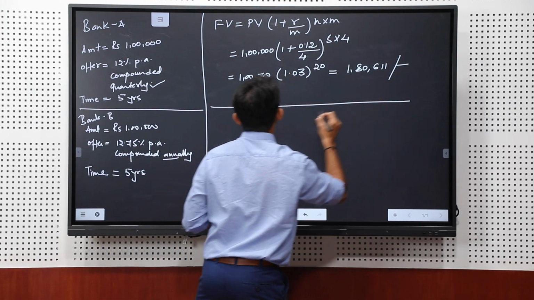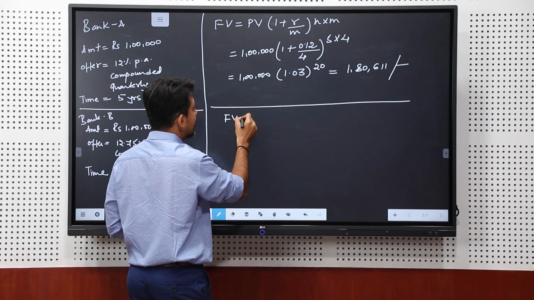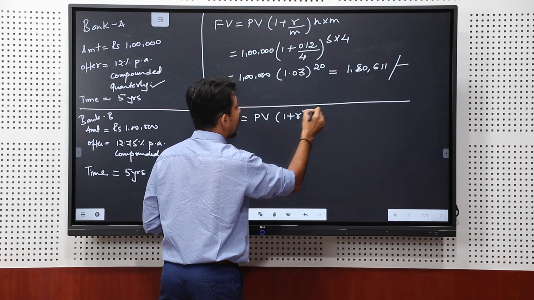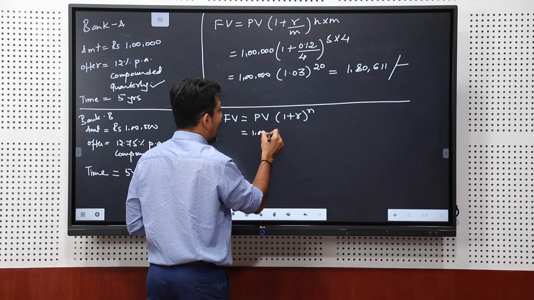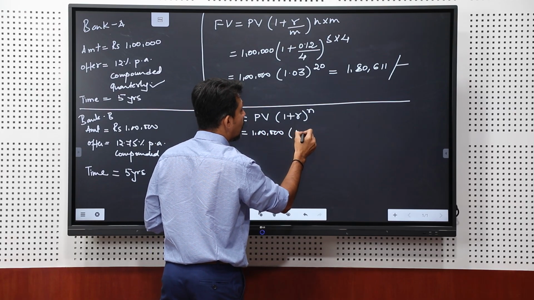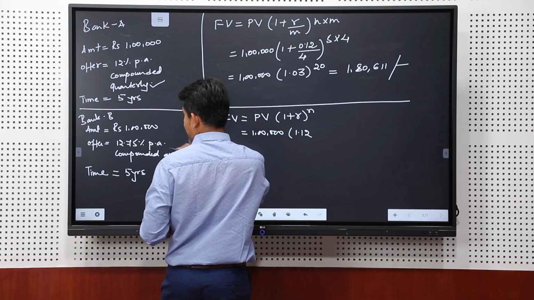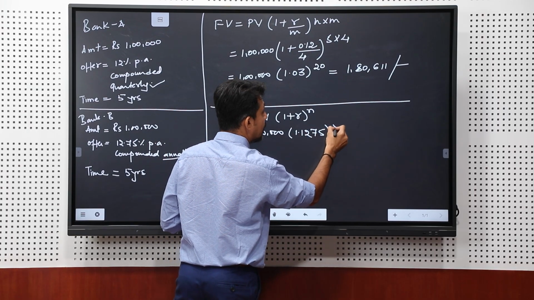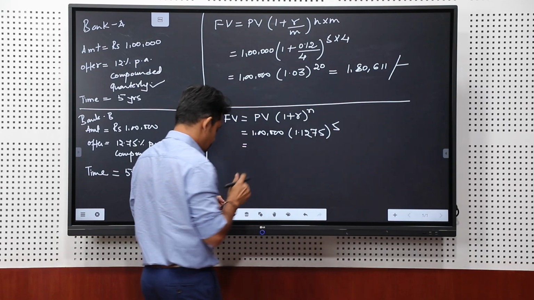With bank B, there isn't quarterly compounding, so your formula remains 1 plus R raised to N, that's 1 lakh into 1.1275, that's 12.75%, raised to 5, right?